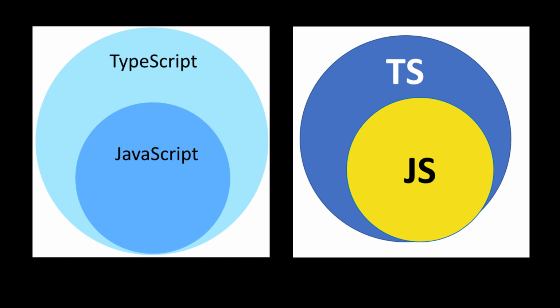The answer is it is a strongly typed superset of JavaScript which compiles to plain JavaScript. It contains all elements of JavaScript. It's designed for the development of large applications and is a source-to-source compiler to JavaScript. That's the main point of TypeScript.